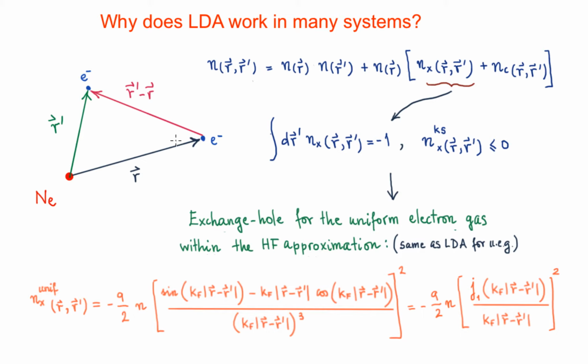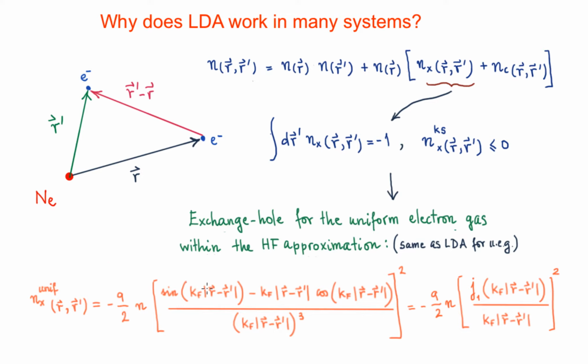So that means that with respect to the reference electron, on a sphere of distance r prime minus r, the exchange hole is going to be the same over the whole sphere. So it has this spherical symmetry, which can be understood because the system we have is pretty simple, just a uniform electron gas. Because of this homogeneity of the system, you expect to have that symmetry. So there is the symmetry associated with the uniformity of this electron gas.